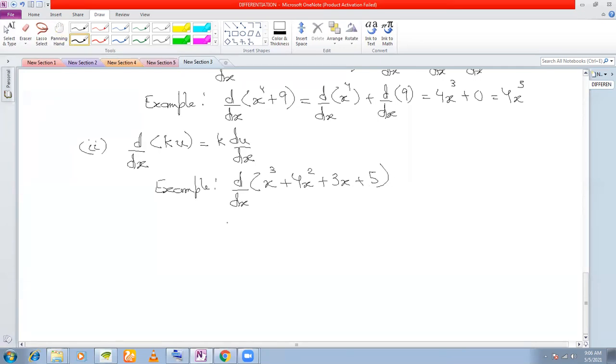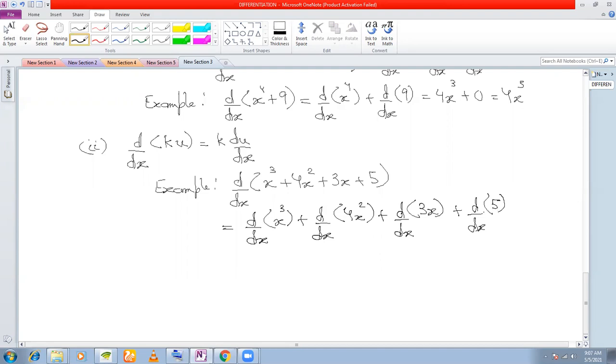First of all, according to the first rule, we will separate this: d/dx of x cube plus d/dx of 4x square plus d/dx of 3x and so on. Later on, you will be jumping steps. For the time being, I'm showing you each and every step. Later on, we'll be doing this in just one step.